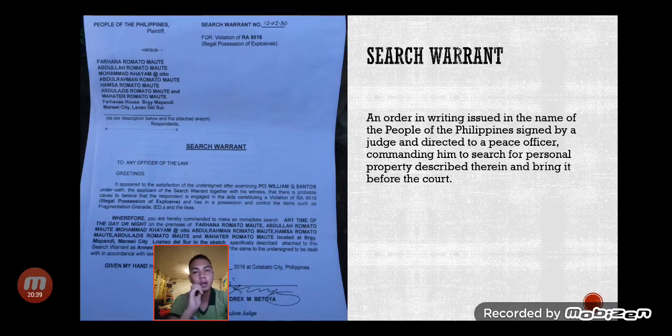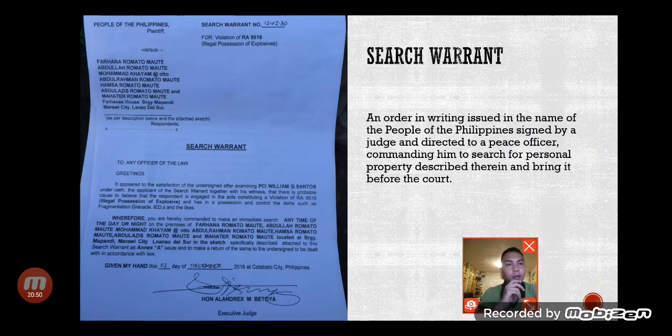So, like the warrant of arrest or arrest warrant, ang search warrant is used to allow a peace officer to search the property for evidence that may be used in court proceedings to prove the guilt of a suspect or accused. So without a search warrant, any peace officer or law enforcer cannot conduct any search on a suspect or accused or the accused's property.